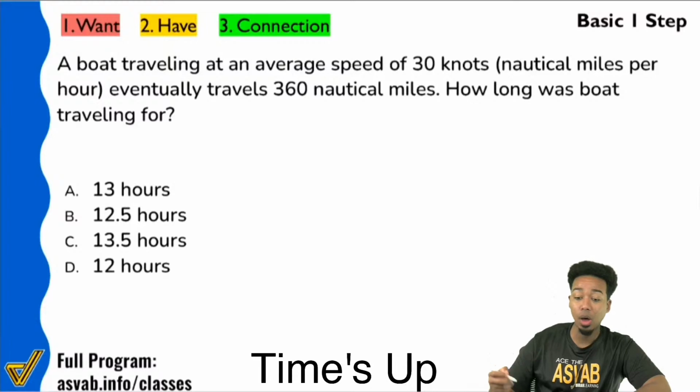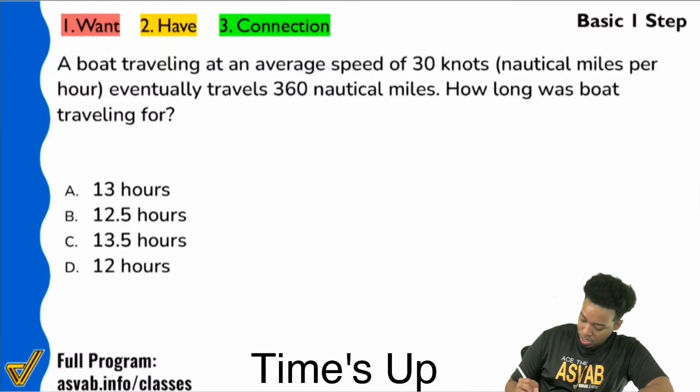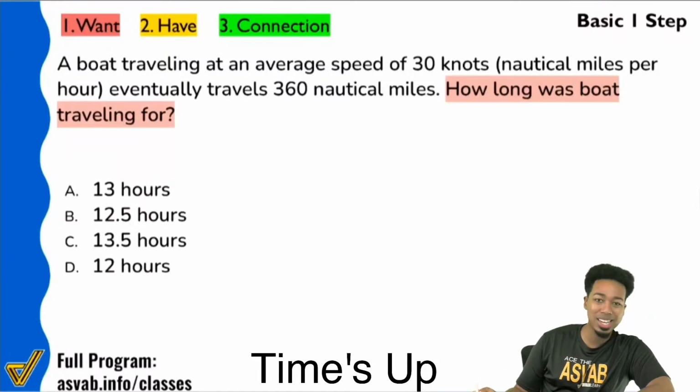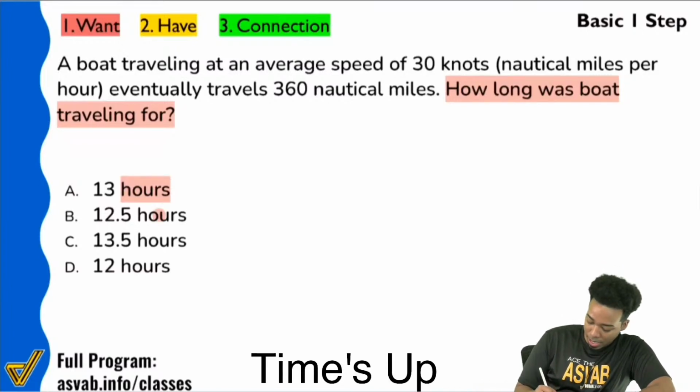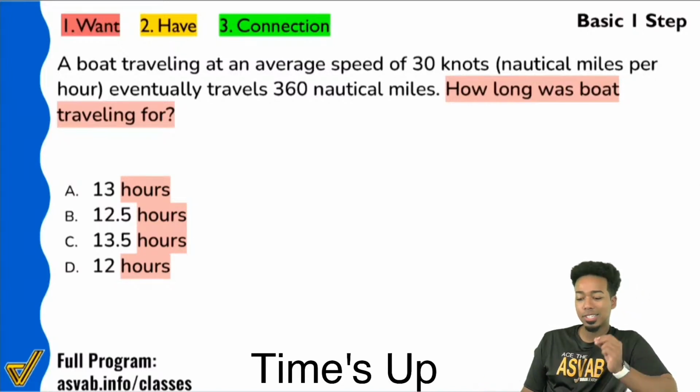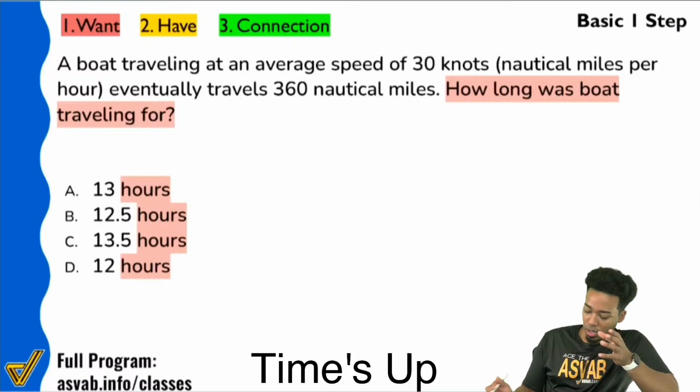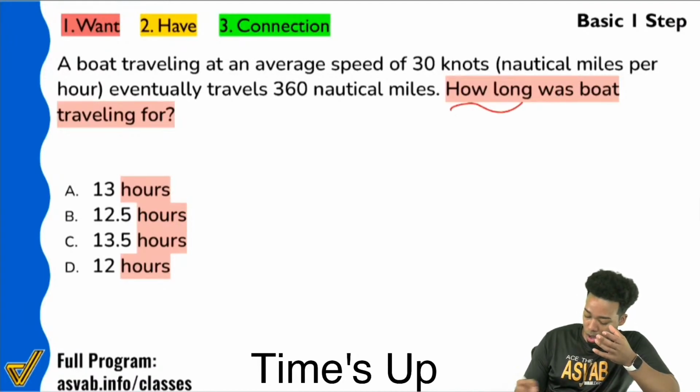What it says right here is, how long was the boat traveling for? So even if we don't know exactly what unit that is, we can see in the answer choices that it just says hours. So Marshall, the key words are, how long were we traveling for?